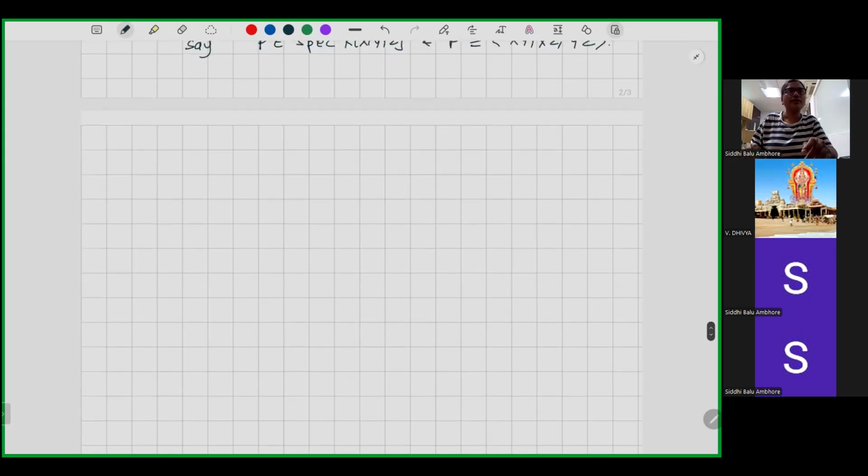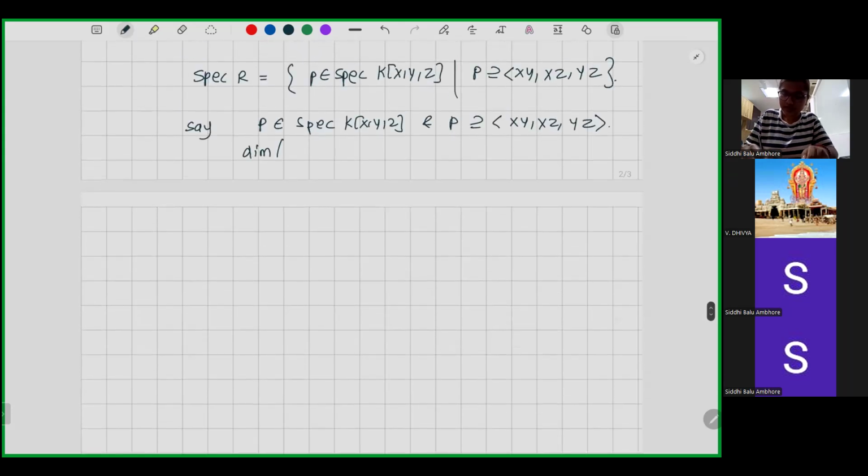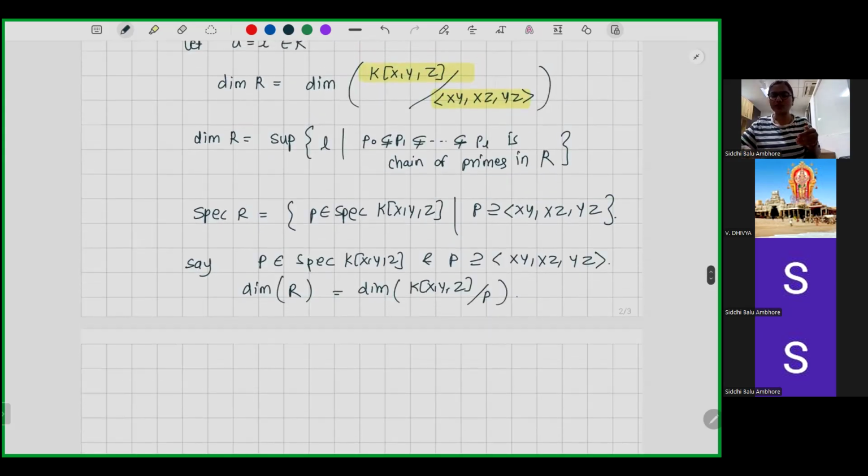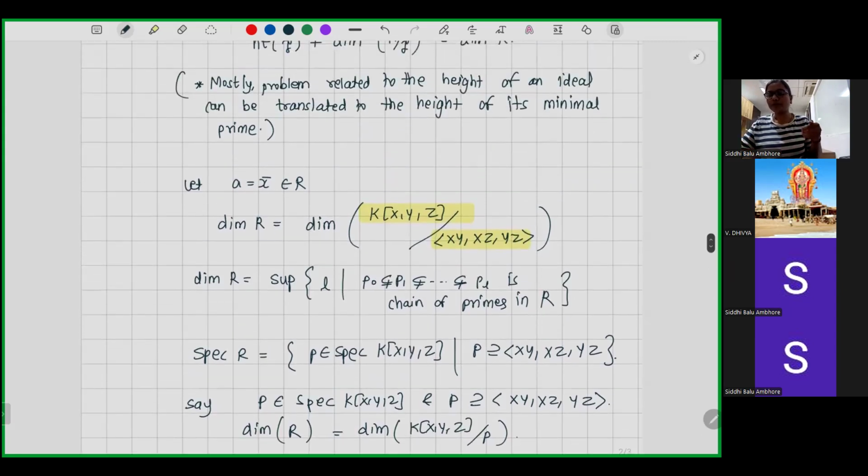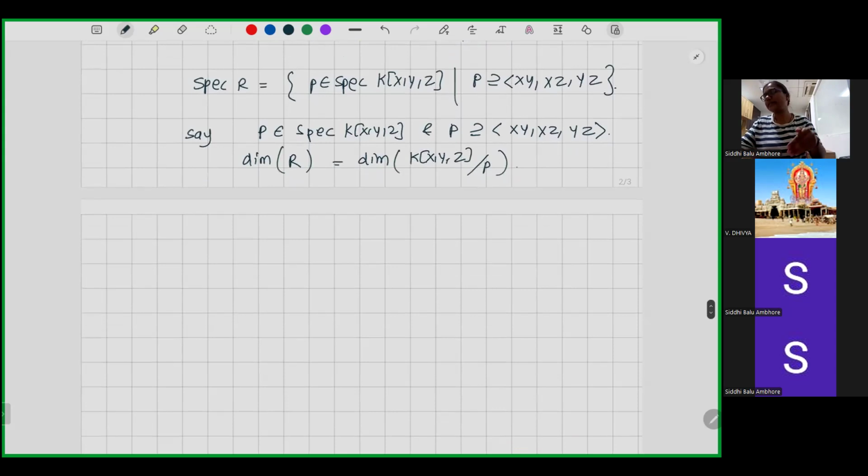And then the dimension of R mod this is the dimension of k[x, y, z] mod P. As I said earlier, we can reduce the problem of this ideal to its minimal prime ideals. So I'm considering the minimal prime ideals of R mod xy, xz and yz.